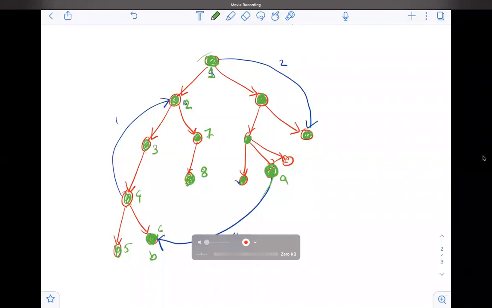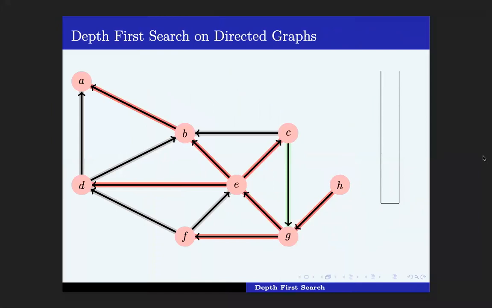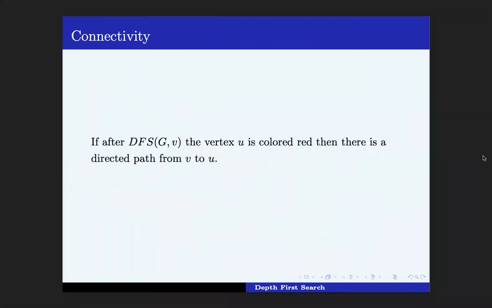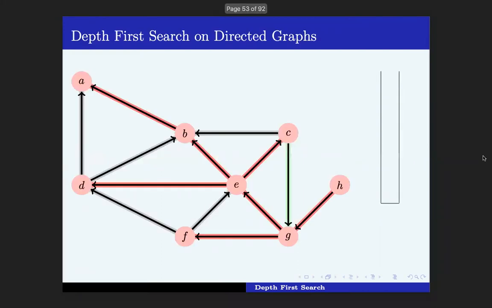Okay, good. So this is what happens in this case, okay? And by the way, the same thing that you can, using this DFS, you can also see in the directed graph, oh, by the way, I forgot what I was saying here.